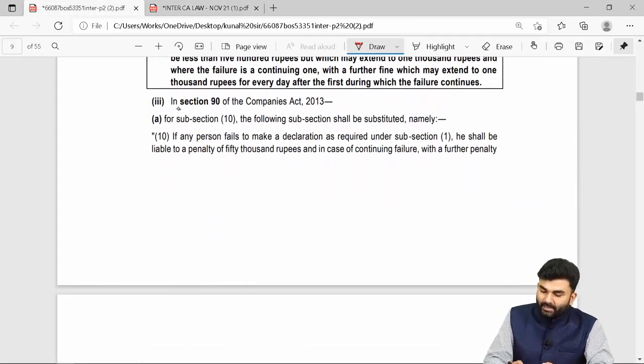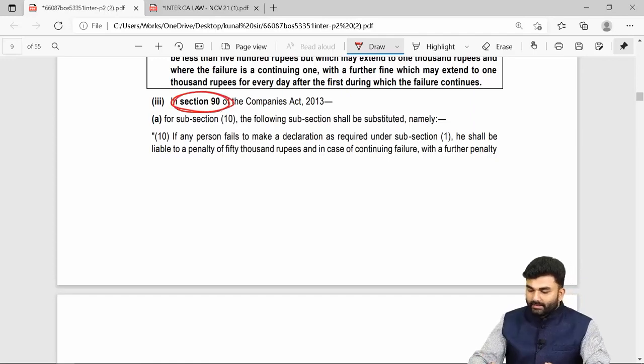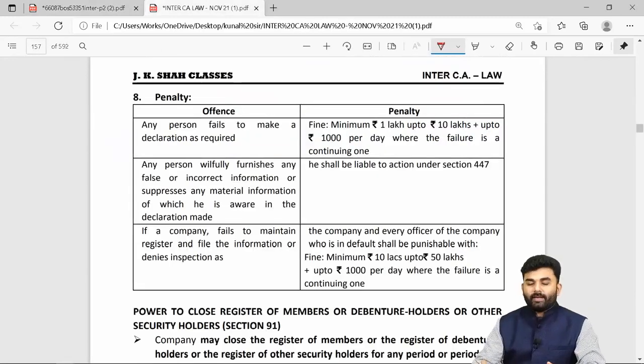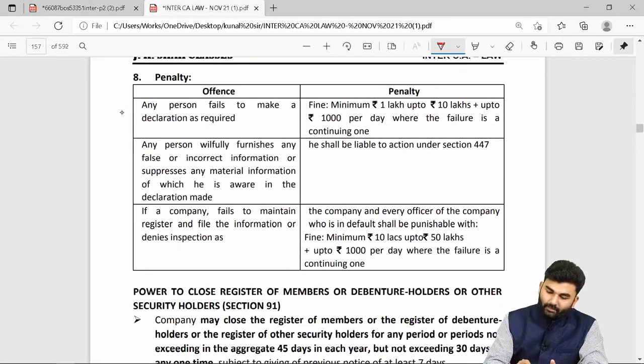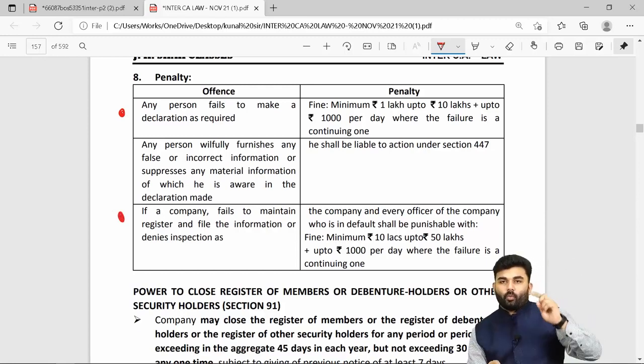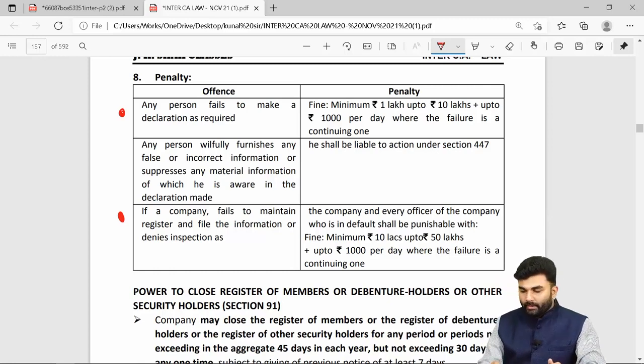The next change is under section number 90. Under section number 90, the changes you need to make are on JKSIS textbook page number 153. Under page number 153, you will come across 3 different penalties. However, the changes are required to be made only under penalty number 1 and penalty number 2.